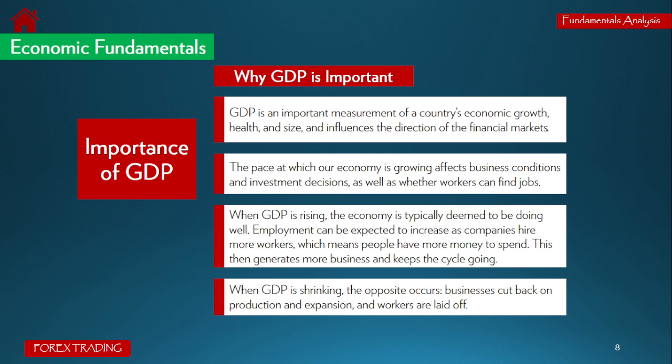So this is how GDP is important. If the economy is performing well, GDP is good, and the subsequent indicators are also good. If the economy is shrinking, then GDP is on the negative side, and all those other subsequent indicators also show negative.